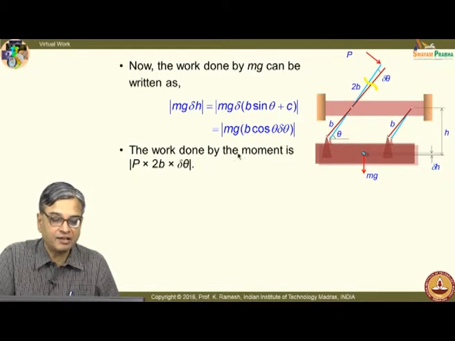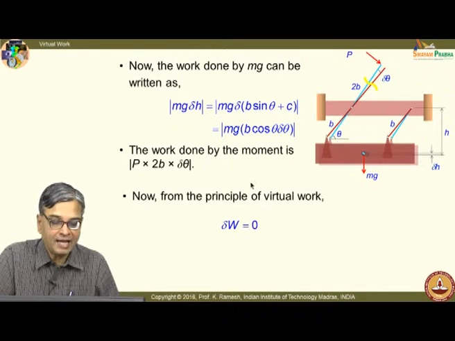And also for the work done by the, I think it should be the force, it is not the moment, because it is cut and paste in preparing all these slides. This is the force here. Okay. So, P into 2B into delta theta.